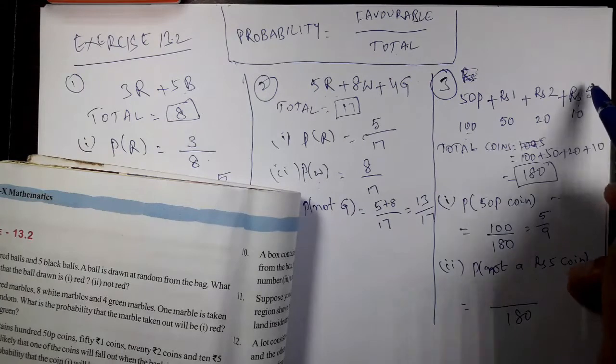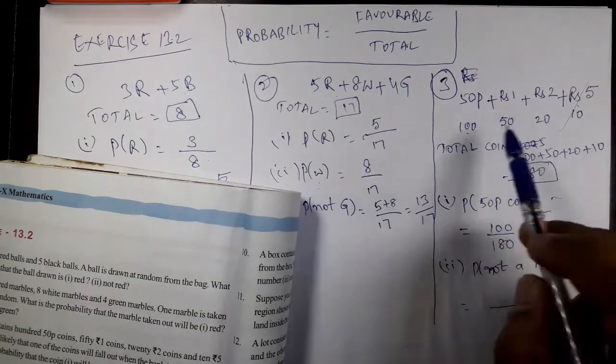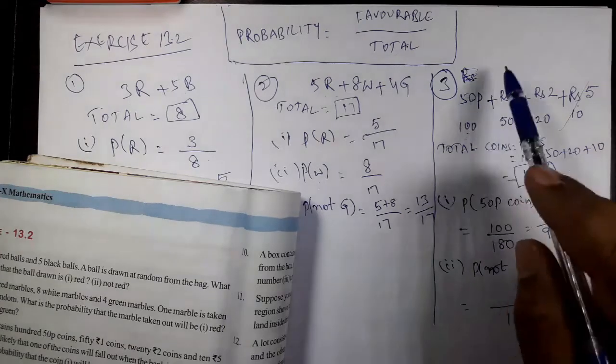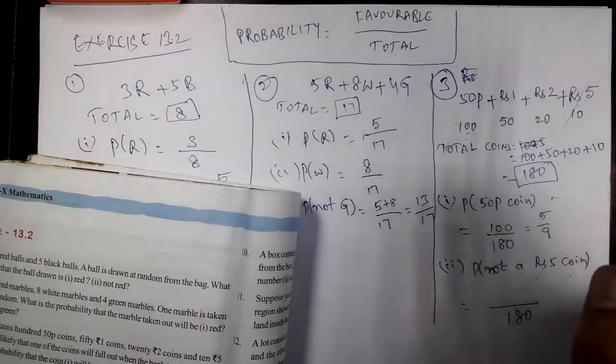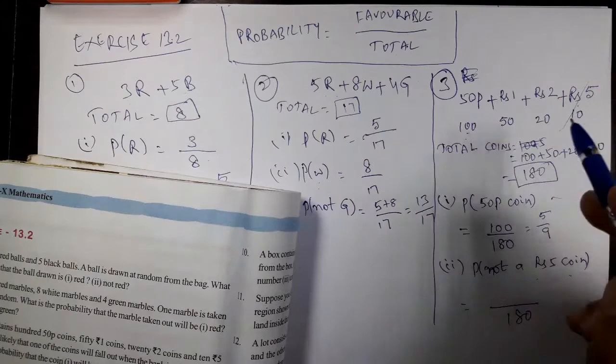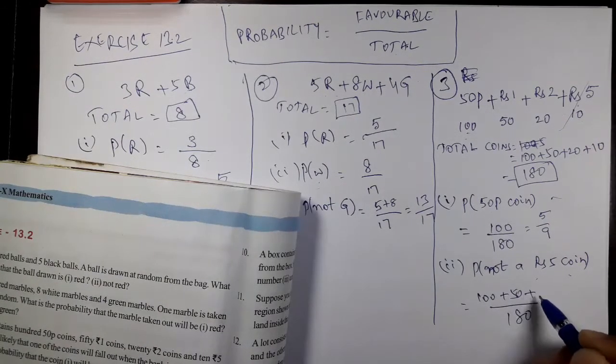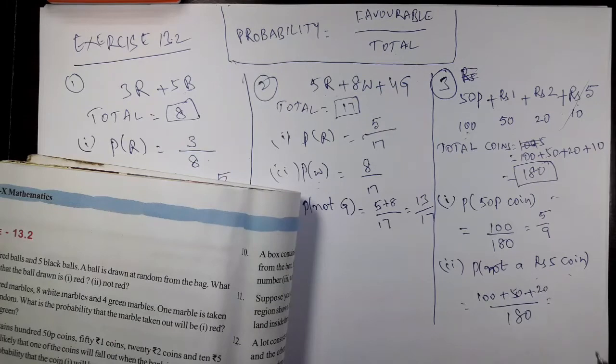You simply leave them. Remaining are all favorable, right? How many such coins are there? 100 plus 50 plus 20, that is 150 plus 20, 170, right? 170 by 180, that is 17 by 18.